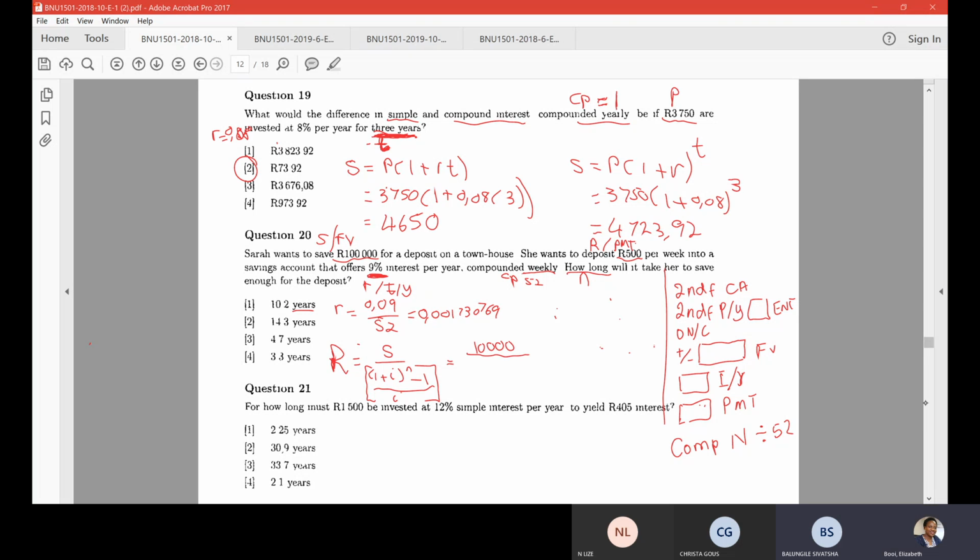Divide by everything that is underneath the bracket, which is 1 plus our I, which is 0.01730779, to the power of.